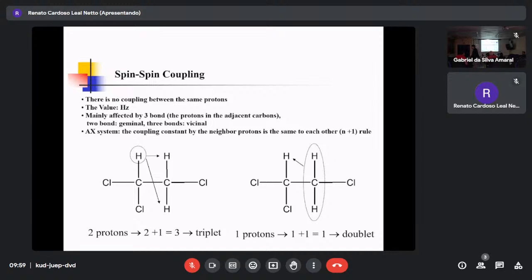Even though the absolute value of this one is every time changing, its ratio is not changing. So from the internal standard, we measure how much is shifted. But the unit is ppm, parts per million. So that's why 1 ppm, 2 ppm, 3 ppm, 4 ppm. NMR has a strange unit; they are using chemical shift.